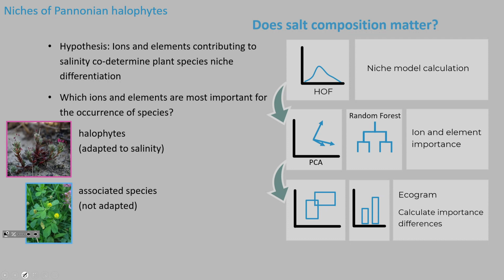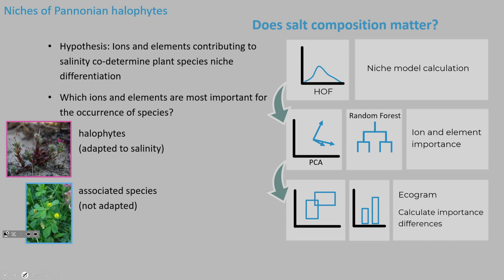And how did we do that? We started by calculating niche models by taking our presence-absence data from the plots for all the species, and by taking the 11 soil variables that we got from the lab work. And we came up with niche models for about 60 species, single niche models for all the 11 soil variables.